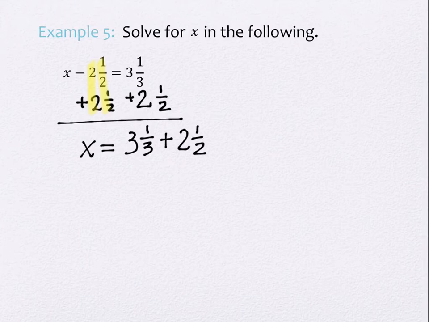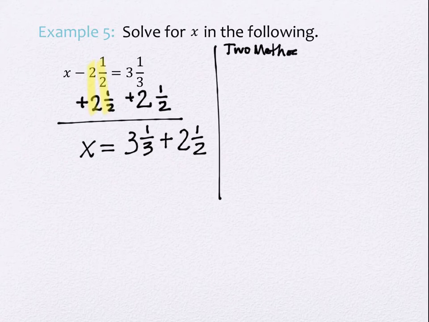We'll come back and write down the answer underneath it in a moment, but I want to show you two different ways to solve the problem. So the first method I'm going to show you is the way that I learned to do it. It's improper fractions.